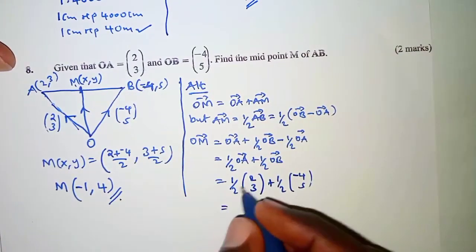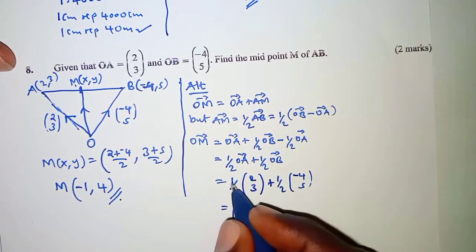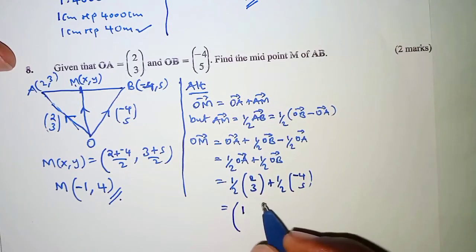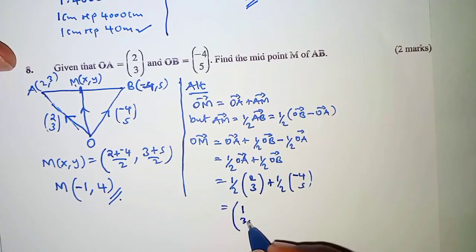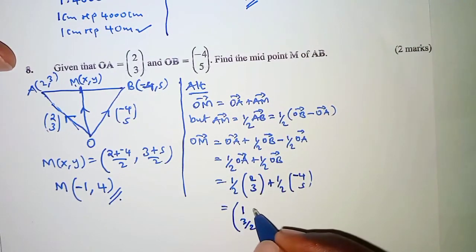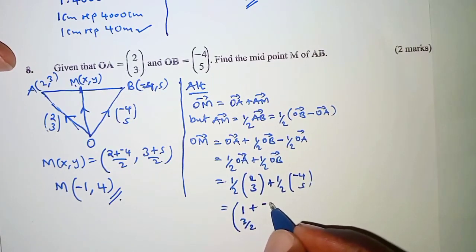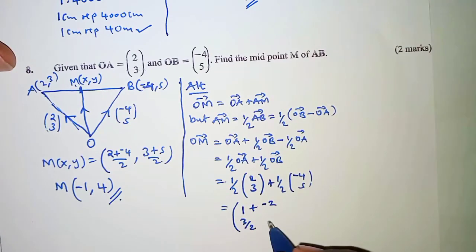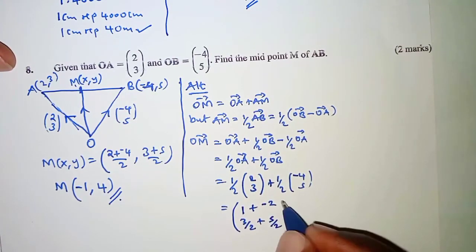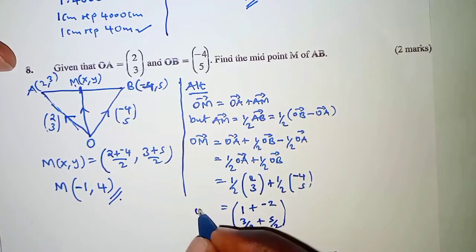So this will simply be, here we have 1, here we have 3 over 2, and then we add -2, and here we have plus 5 over 2. So remember, this is OM.